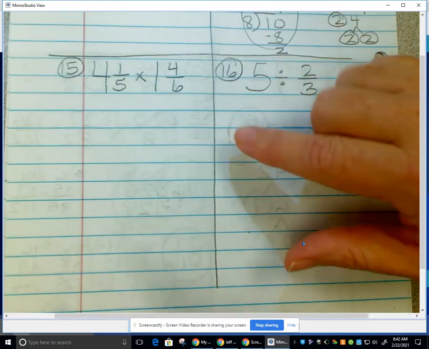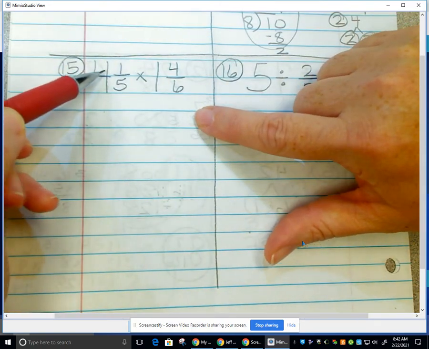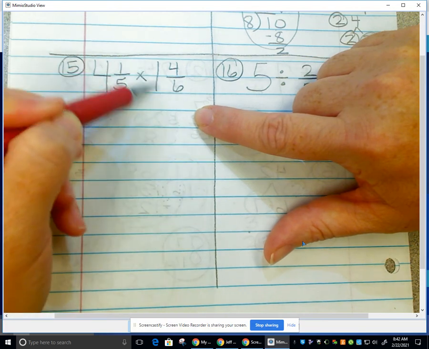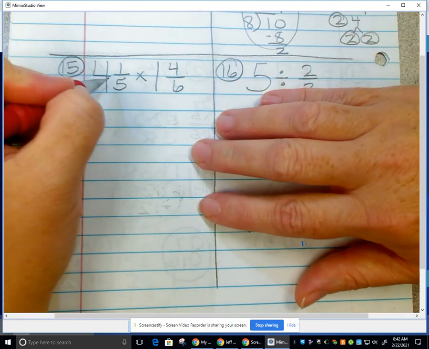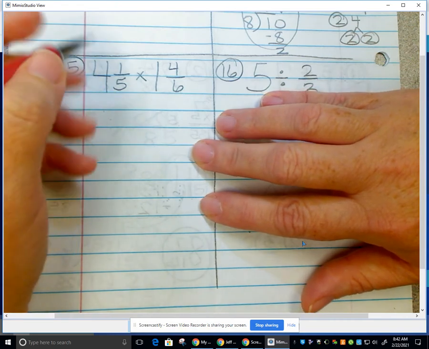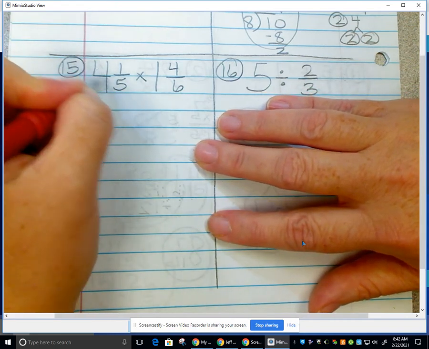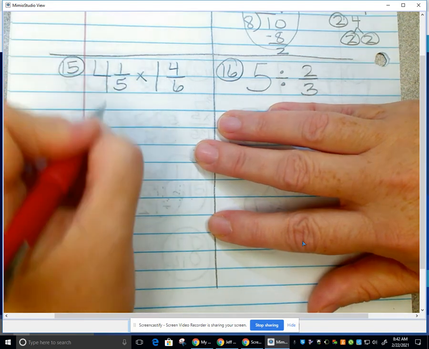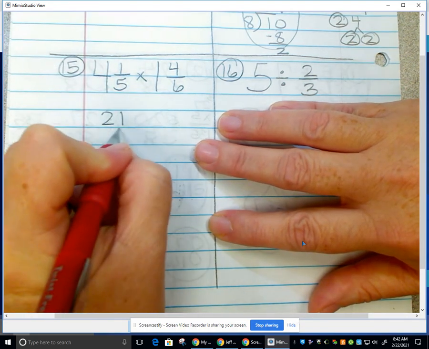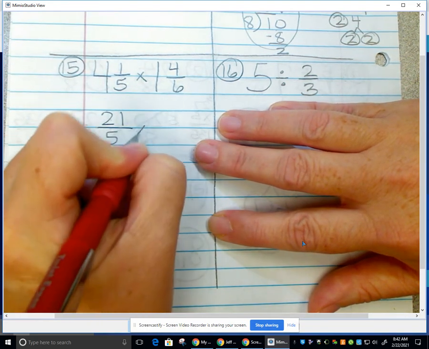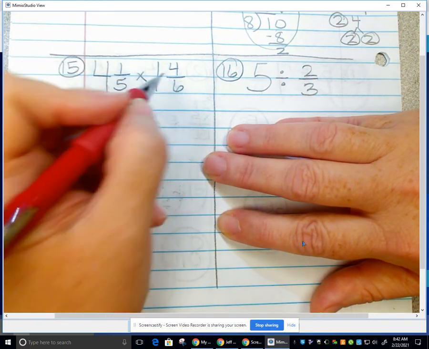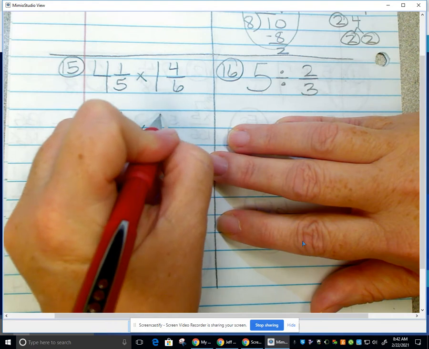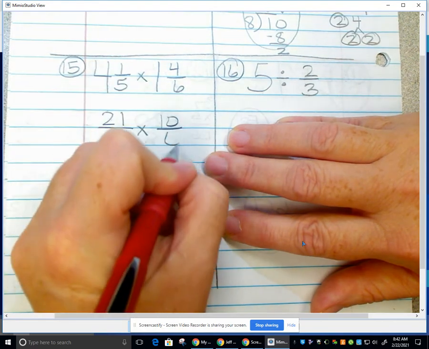Okay, almost done. We've got improper fractions. No, excuse me, they're not improper, they're mixed numbers. And I'll turn them into an improper fraction. Multiply these, add the top. So that's 21 fifths times, multiply these, add the top. That's 10, and keep the same denominator.